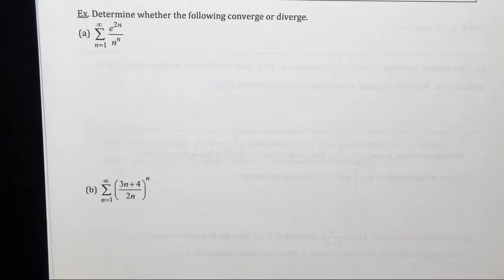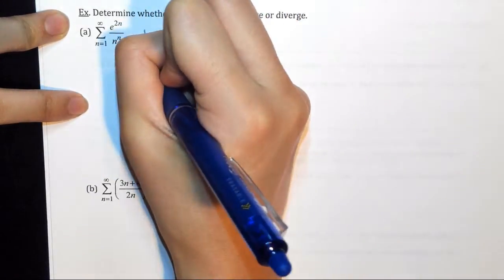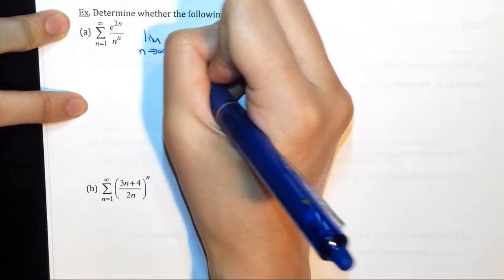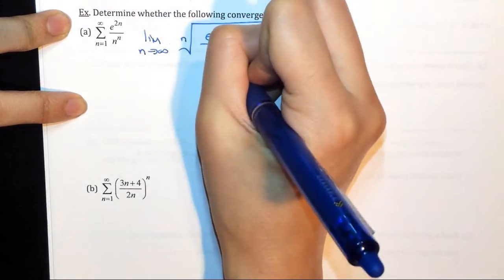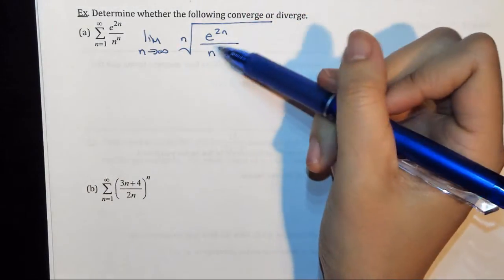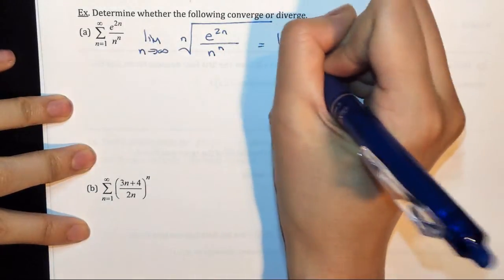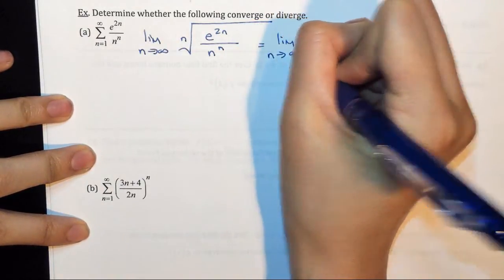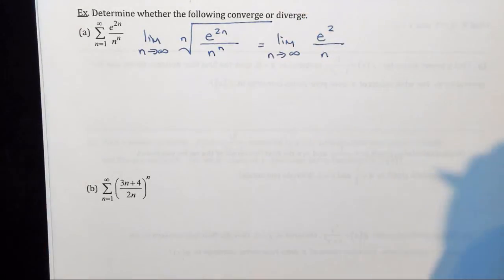All right, 2 last problems. What you want to do is the limit as n goes to infinity of the nth root of your sequence. If I take the nth root of e to the 2n over n to the n, that equals e squared over n.